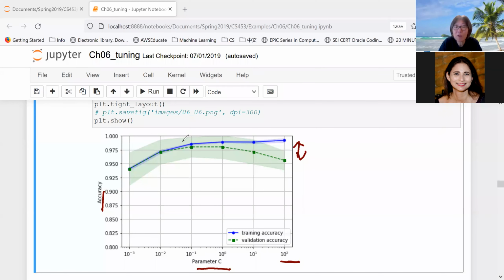We can see within this range it's a good match, because the gap between the training and the validation is not large. So the better range is between 0.01 and 0.1 for parameter C. Okay, so this is regarding the validation curve.